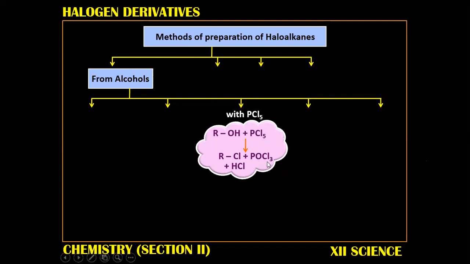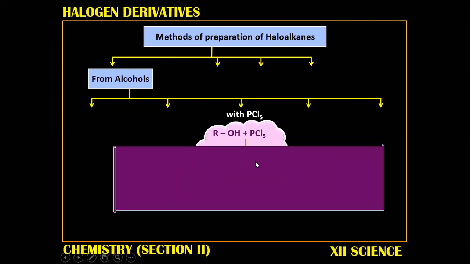And this compound POCl3 is called phosphoryl chloride. For your knowledge, or maybe in MCQs, they can ask you what the byproduct is. The byproduct is phosphoryl chloride, POCl3, and along with that, we get HCl also. I'll repeat. When alcohol reacts with phosphorus pentachloride, we get alkyl chloride, phosphoryl chloride and HCl.